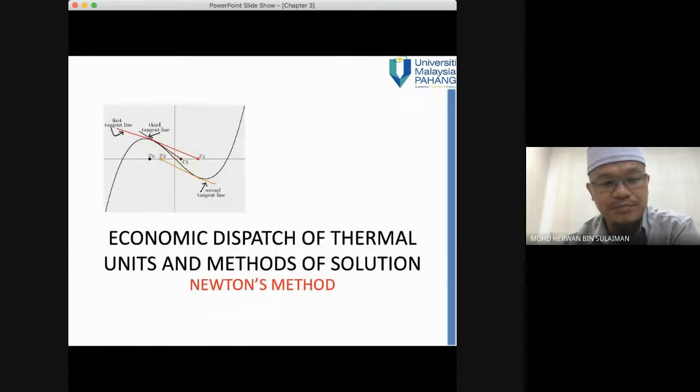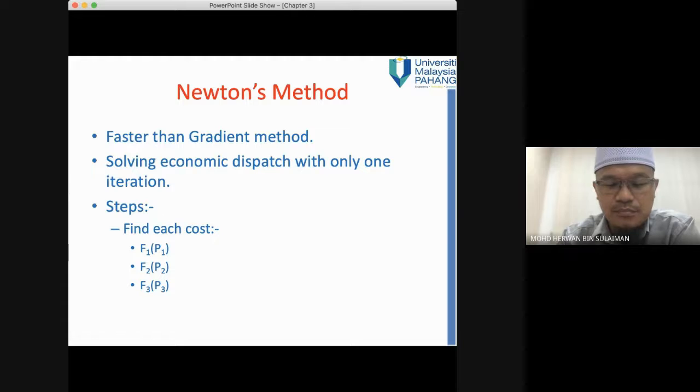Okay, Newton, the last method. The advantage of Newton is you can get the answer with one iteration only. But still, sometimes the result is not optimized yet. Okay. So the Newton method is faster than the gradient method.